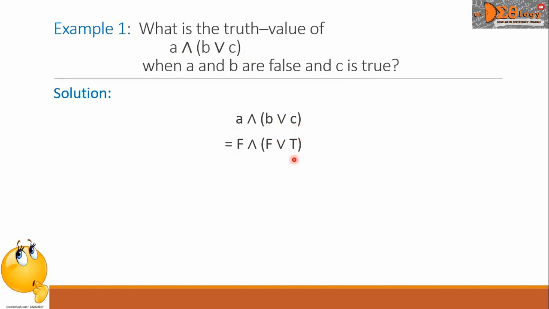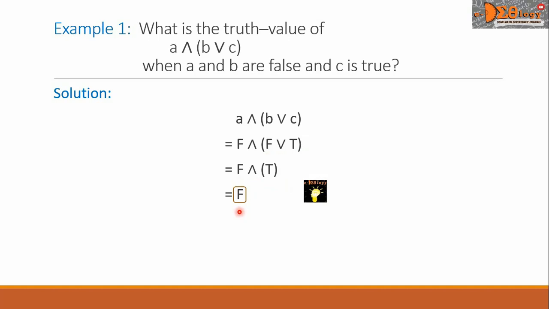Now, because of the parentheses, we shall simplify this operation first, false or true. We know that the truth value for false or true is true. Now, the false and true is false. This is our final answer.